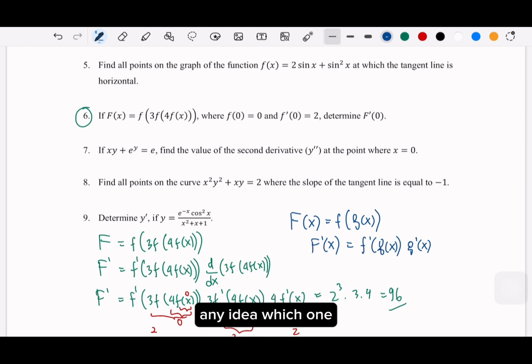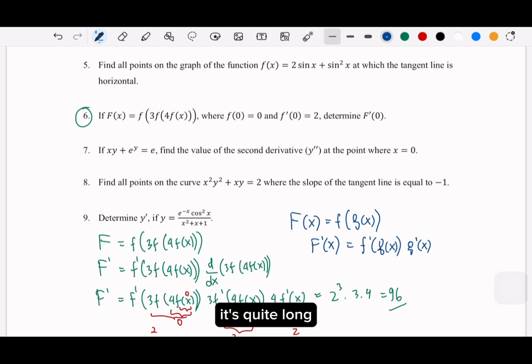Any idea? Which one? What do you think? Number 8, yeah. Okay, good.